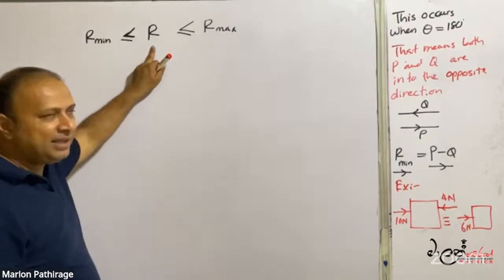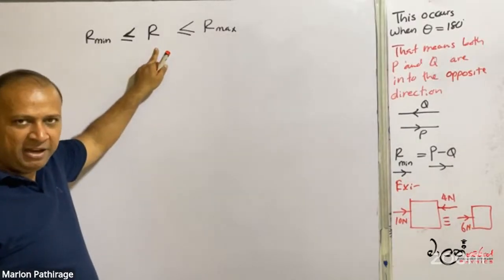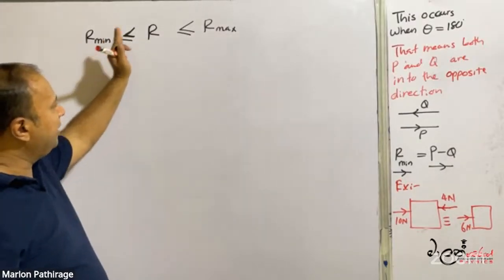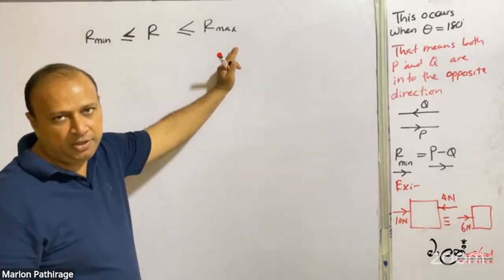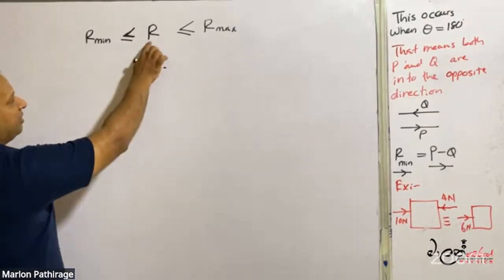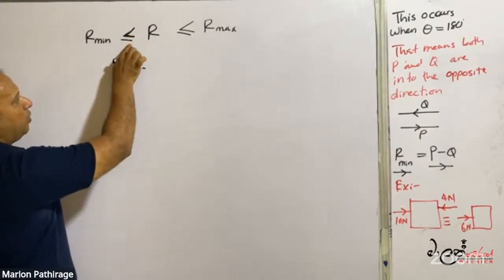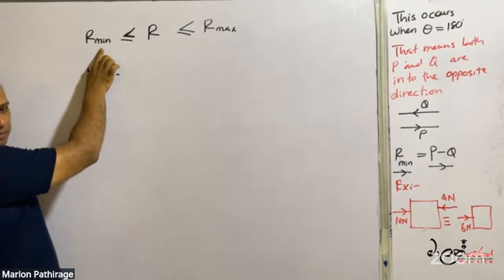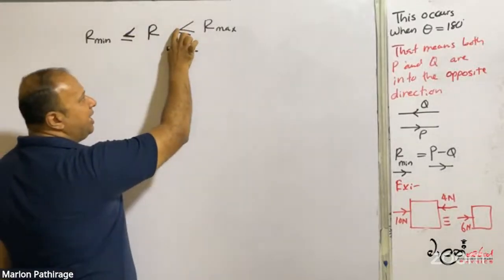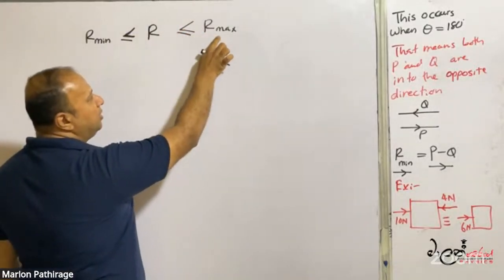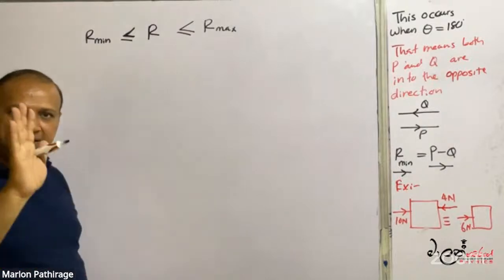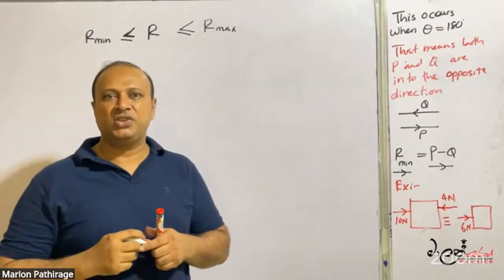Therefore, the resultant vector should be in between its minimum value and maximum value, higher than or equal to the minimum value and lower than or equal to its maximum value. Is that clear? If it is clear, please raise the hand.